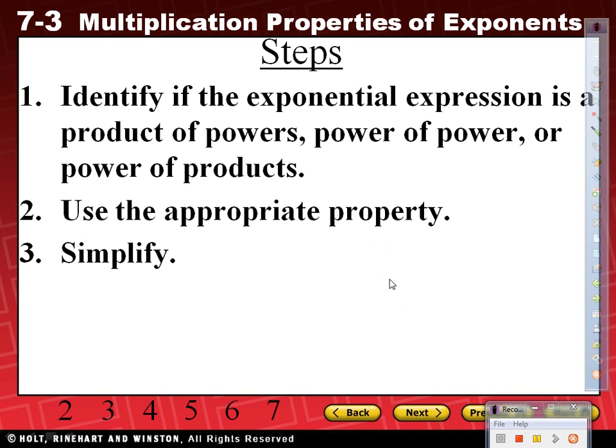Step 2, use the appropriate property. And step 3, simplify.